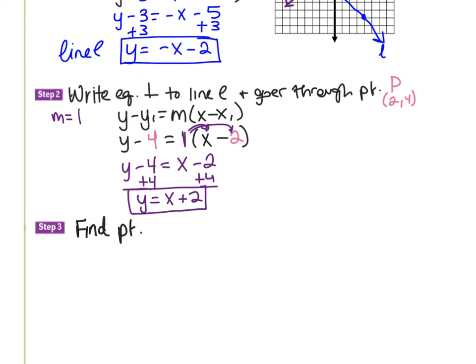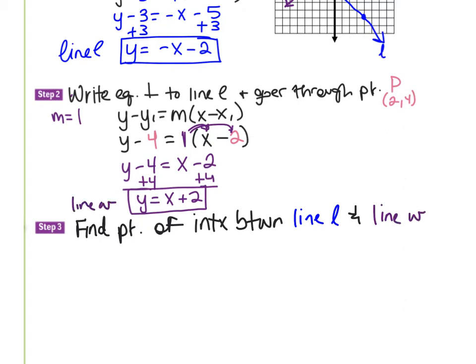So find the point of intersection between line L and, we'll call the purple one, line W. A system of equations.